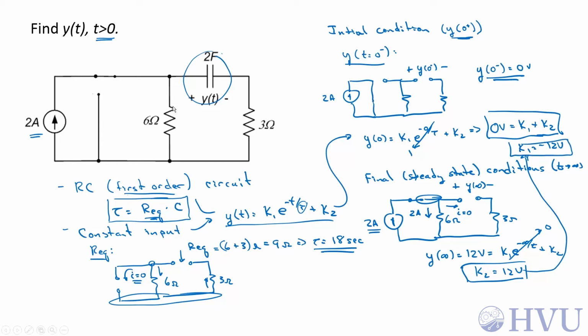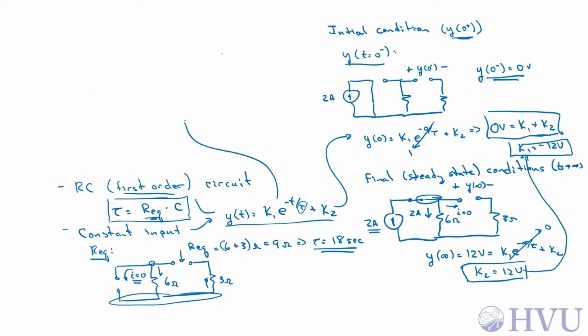So let me clear up my diagram a little bit. I don't need the circuit schematic anymore. So in here, y of t is going to be k1, so minus 12 e to the minus t over 18 plus 12, or 12 times 1 minus e to the minus t over 18 volts for t greater than 0.